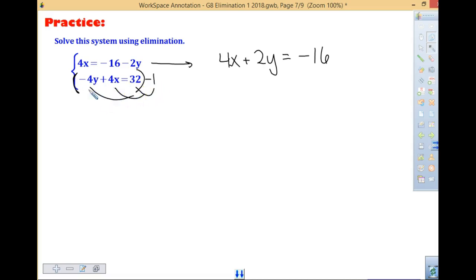Okay? But I don't want to put the y first. I want to put the x first. So the x is going to be negative 4x, right? We're taking it times a negative. Then we are going to have plus 4y, negative 32.